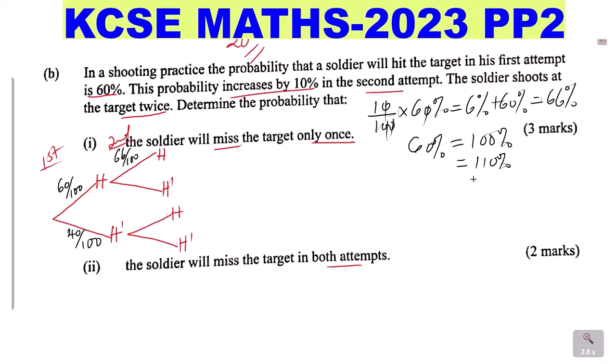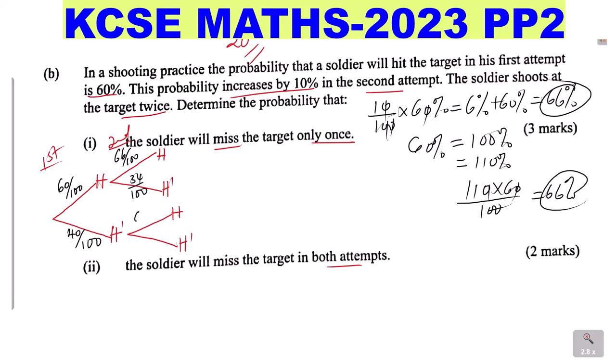So you just cross multiply, you will get 110 times 60 divided by 100. And this one will give you 66%. So those are the two ways of doing it. So if the second attempt is 66%, then missing the target in the second attempt will be 34%.